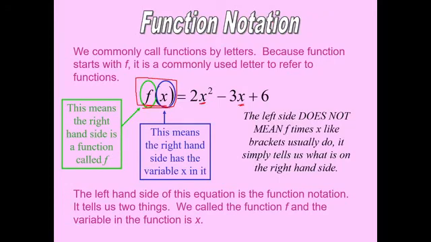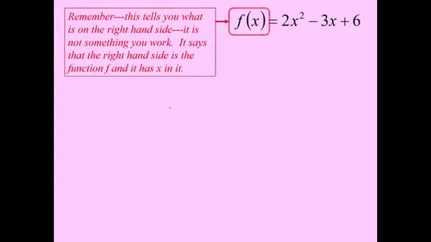You read that as a function of x or f of x. Now let's consider this. Remember this tells you what is on the right hand side. It is not something you work out. It says that the right hand side is the function and it has x in it.